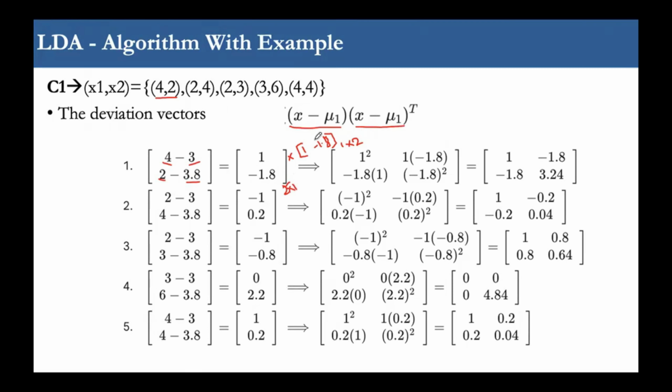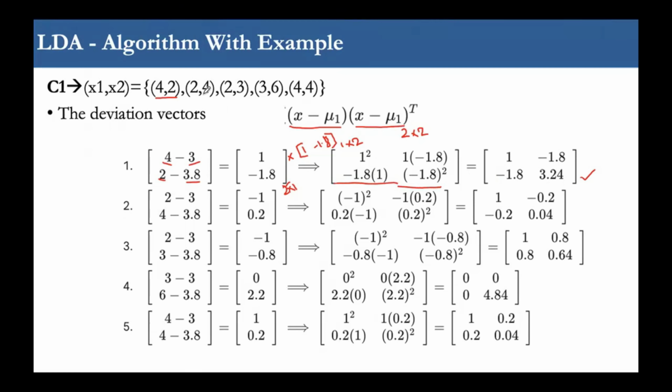When we multiply these two matrices, we will get a matrix of size 2 by 2. This is the matrix we are getting, and when we simplify it, we will get this matrix.